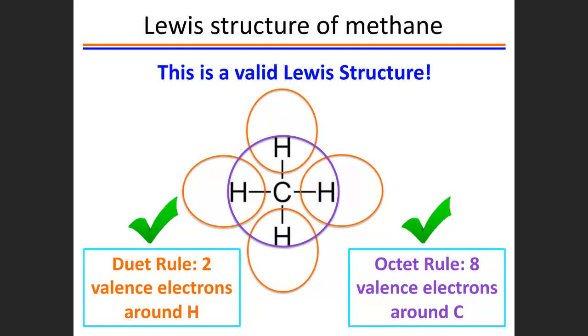And this is called a valid Lewis structure. So the duet rule means 2 valence electrons around hydrogen, and the octet rule means 8 valence electrons around carbon. So when any molecule has carbon, hydrogen or any other non-metals and they fulfill the duet rule or octet rule, then our Lewis structure will be correct or valid. Got it, guys?